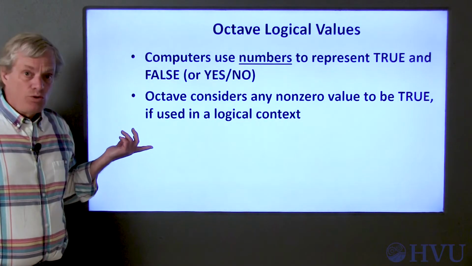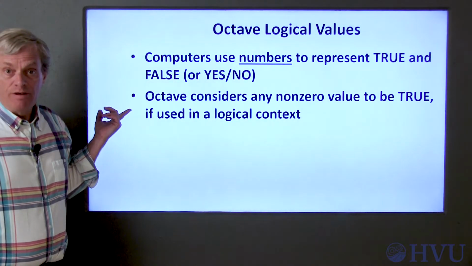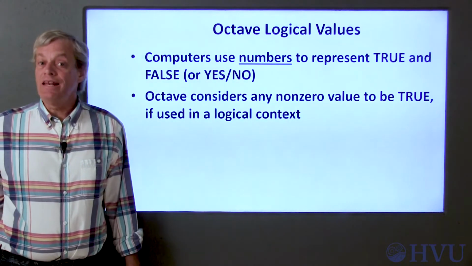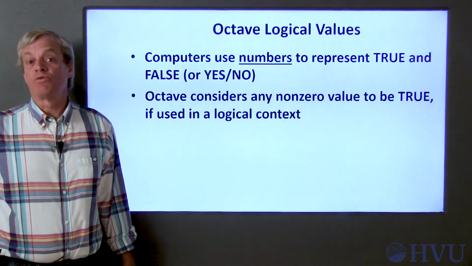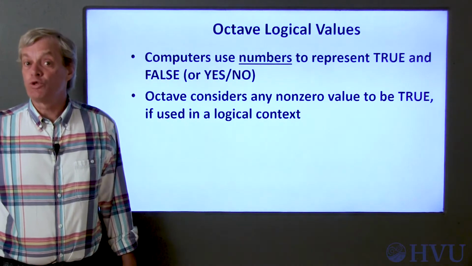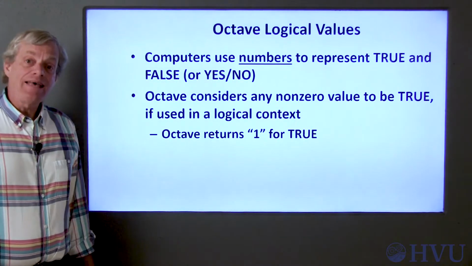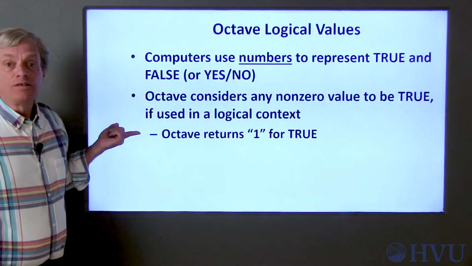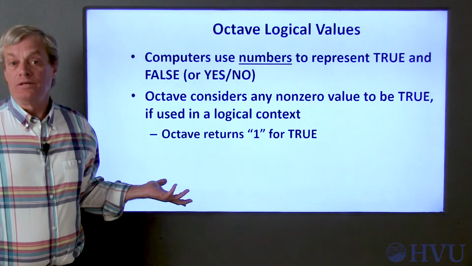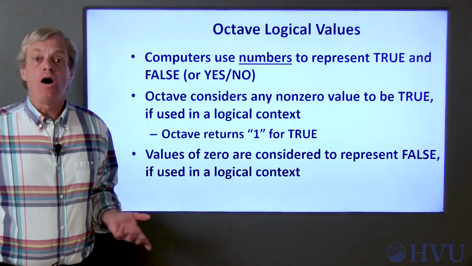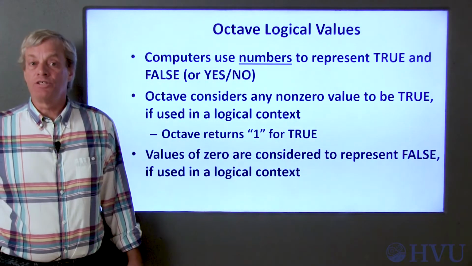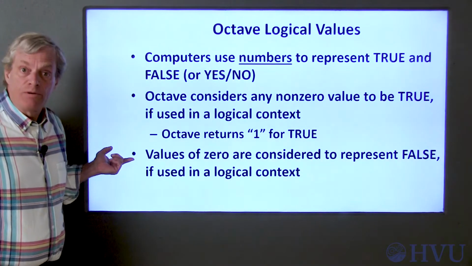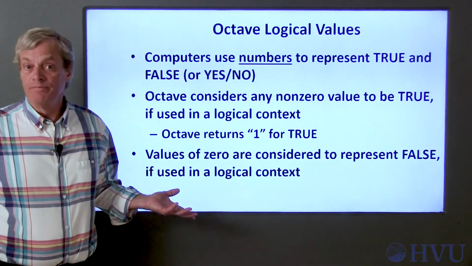Specifically, when you use a number in Octave as a logical value, Octave considers any number which is not 0 to represent the logical concept of true. When you ask an Octave operator or function to return a logical value, Octave will always return a 1 to represent true. Alternately, in the context of a logical value, 0 is interpreted as corresponding to false.